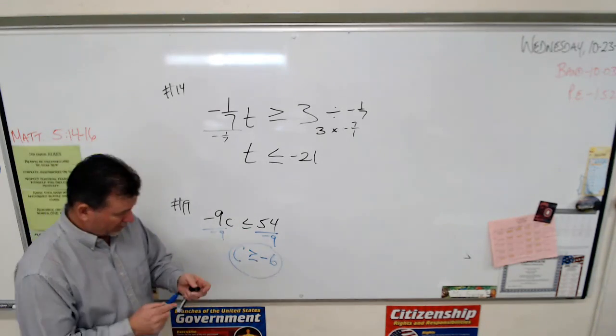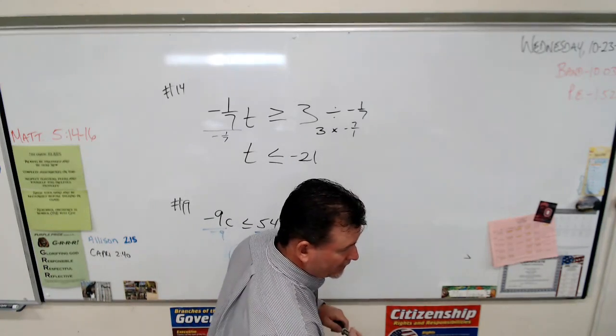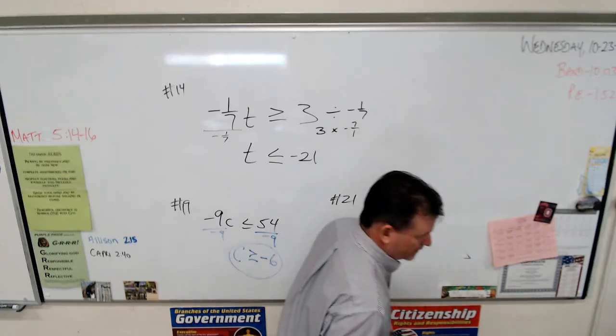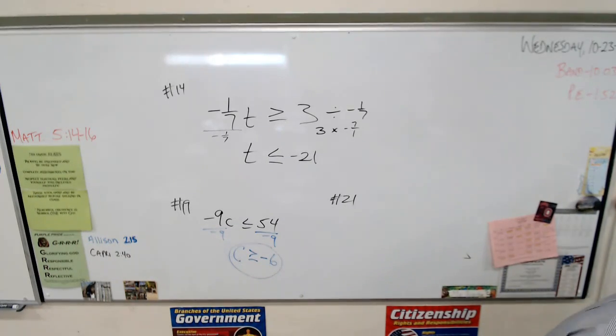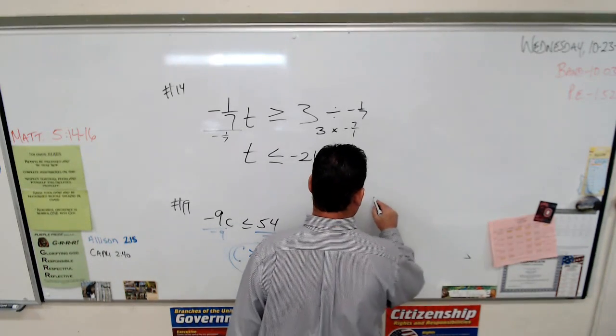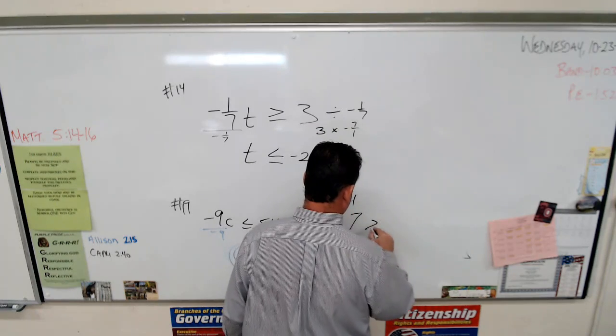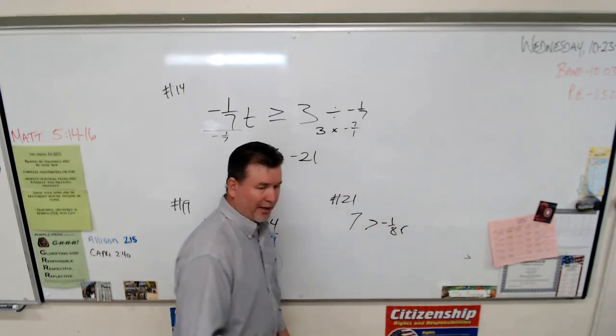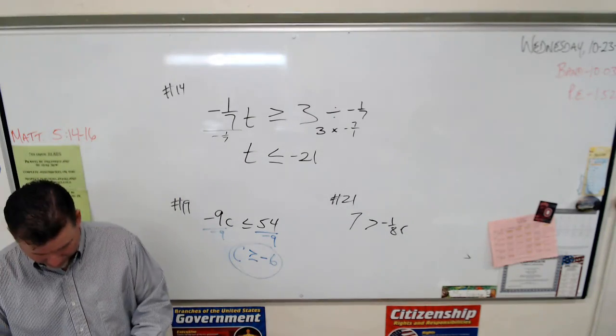And last one, before we move on to today's stuff, number 21. 7 is greater than negative 1/8 r. How do I get rid of the negative 1/8, Jaden?